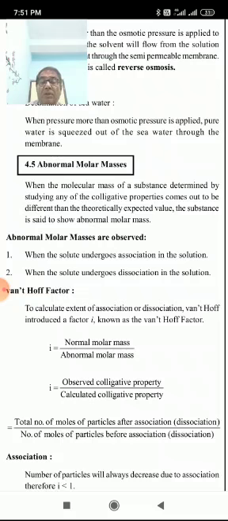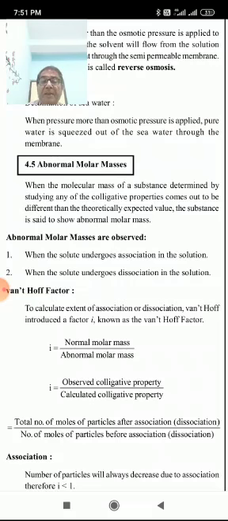Now, to calculate the extent of association or dissociation, Van 't Hoff introduced a factor i known as the Van 't Hoff factor. Van 't Hoff factor i can be defined in two different ways.